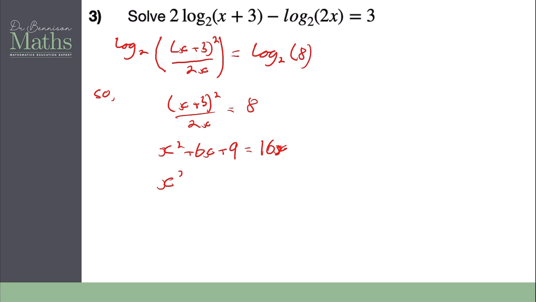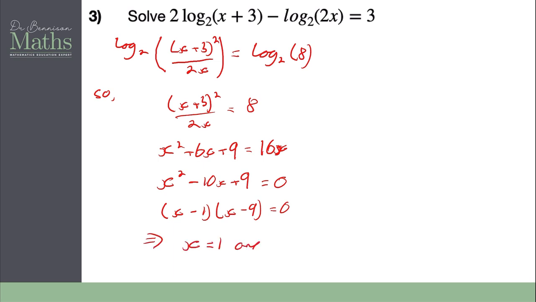We get x squared minus 10x plus 9 equals 0, and we're going to factorise this to get x minus 1, x minus 9 equals 0. Therefore, solutions to our original equation are x equals 1 and x equals 9.